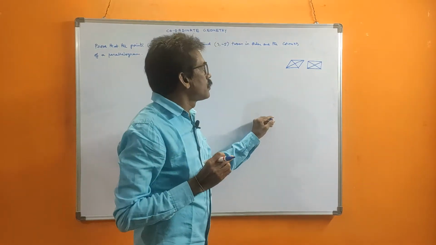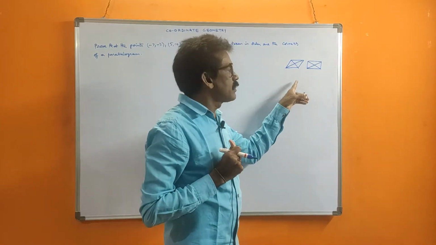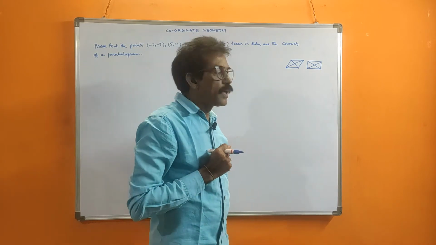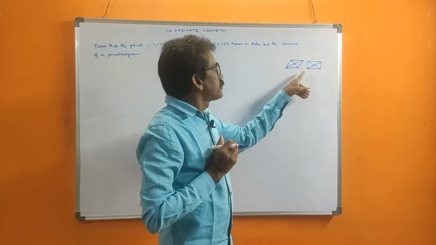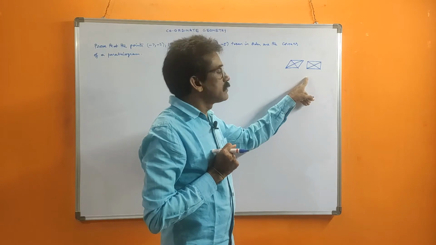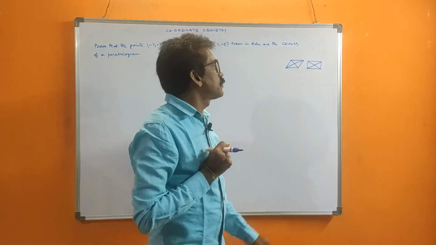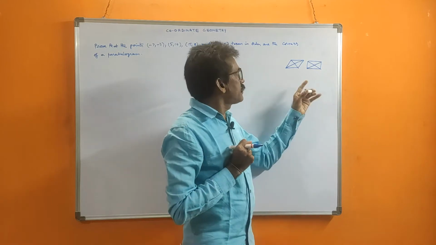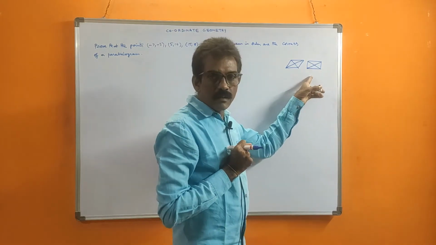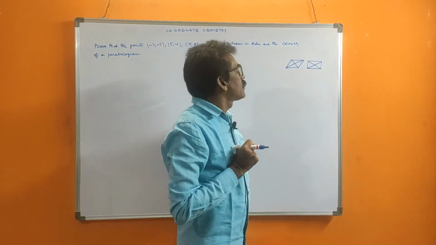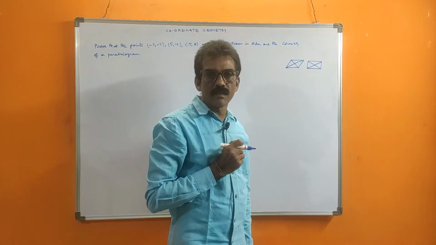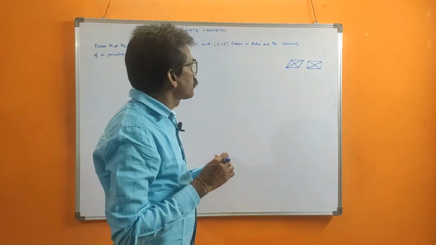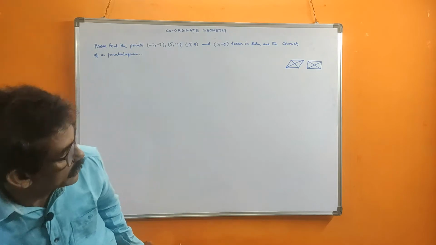That's why we should find out the 4 side lengths and the diagonal lengths also. If opposite sides are equal and diagonals are not equal, then only it is a parallelogram. If opposite sides are equal and diagonals are also equal, then it belongs to a rectangle, not a parallelogram. That's why we should show all the conditions.